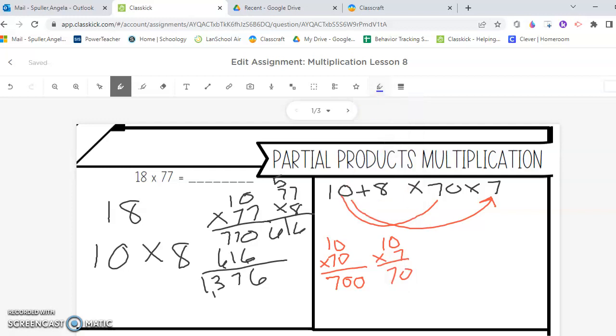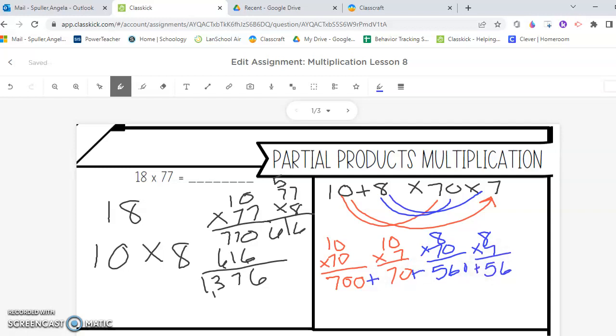Then I have to also say 8 times 70. So 8 times 70, which is 56, bring on 1 zero. And I have to say 8 times 7. It's 56. Then I have to add all of these up.